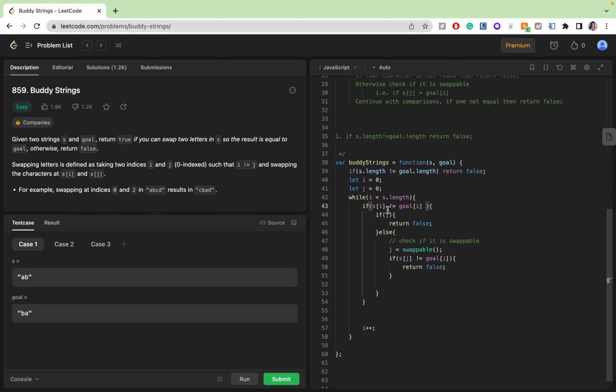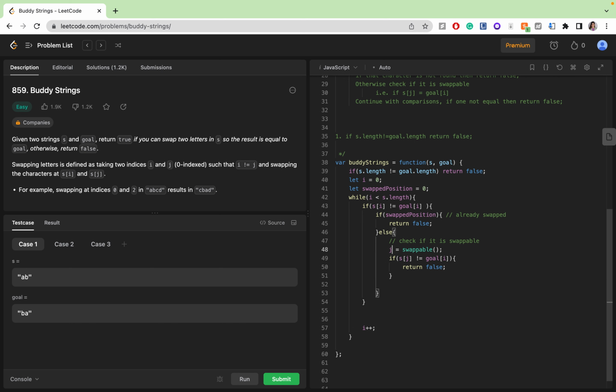Actually what I should do here is, if swapped position is at some value, then it means that it is already swapped, right?